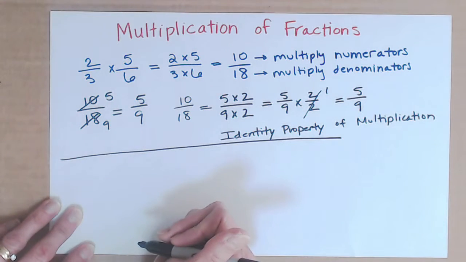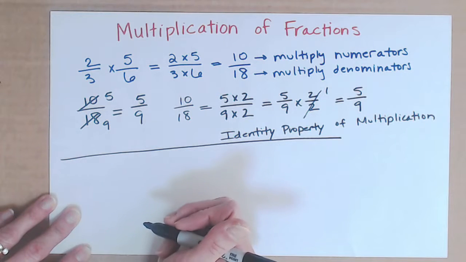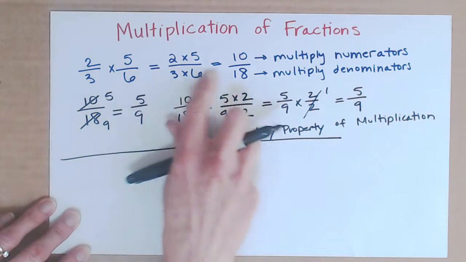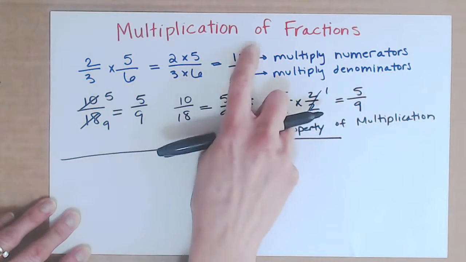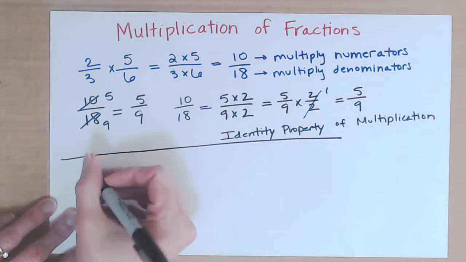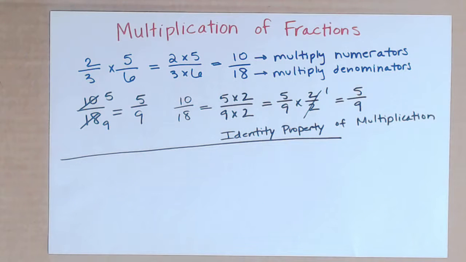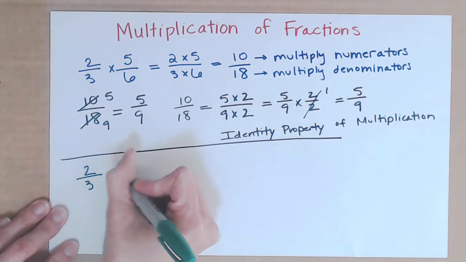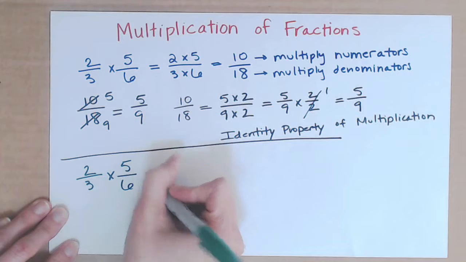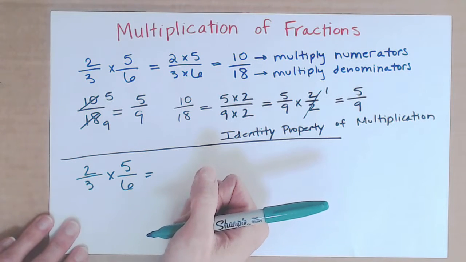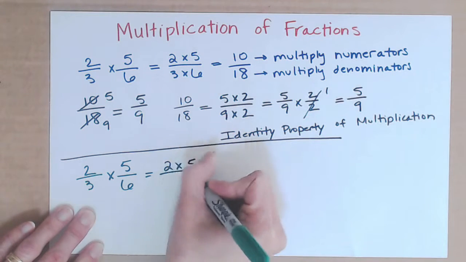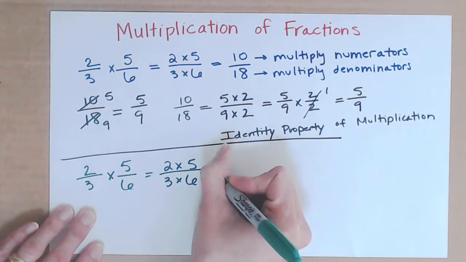Okay, now we're going to talk about simplifying before you multiply. So up here we multiplied numerators, denominators, got an answer, and then simplified it. But can we simplify before we multiply? So we're going to take our same problem, 2/3 times 5/6, which we say is 2 times 5 over 3 times 6.